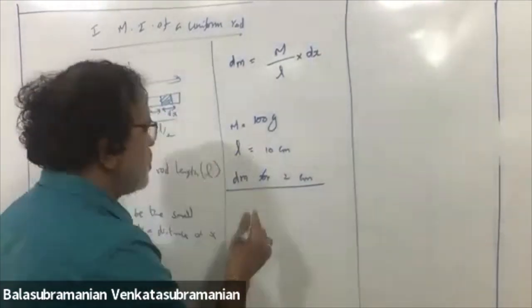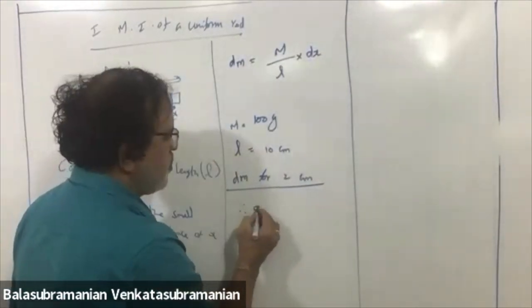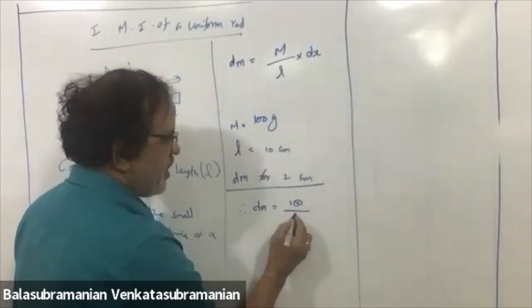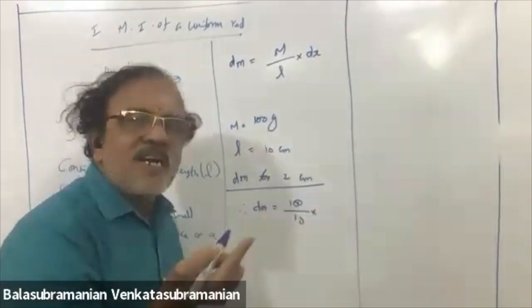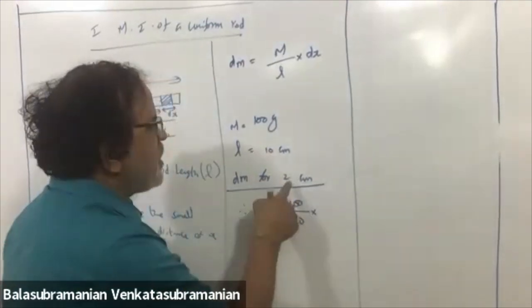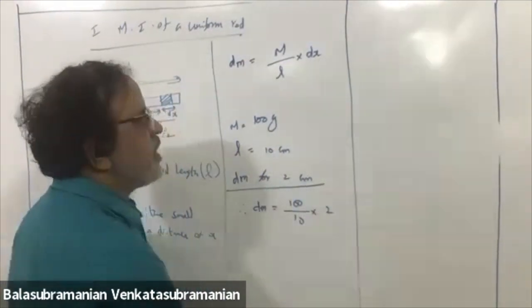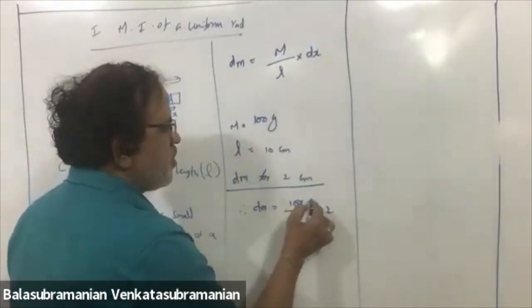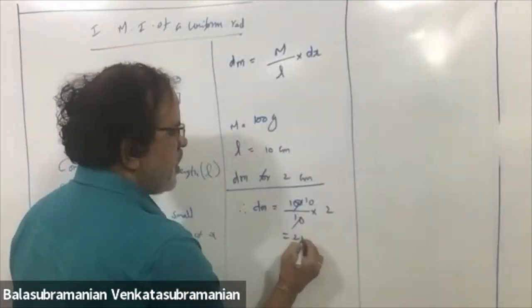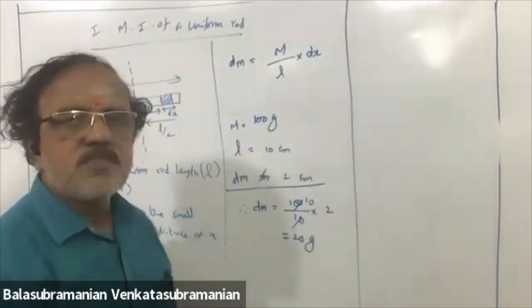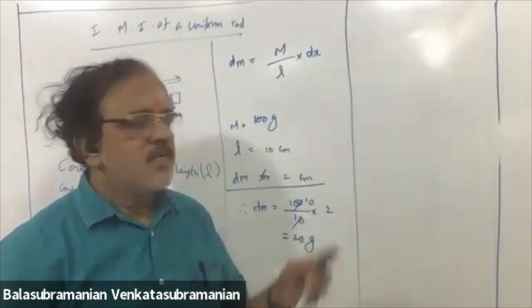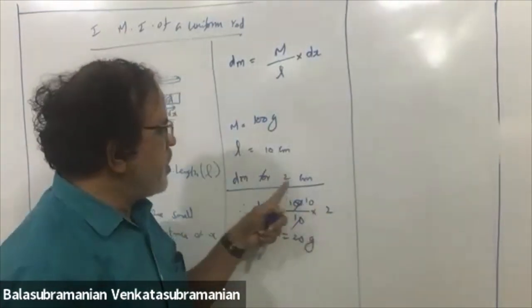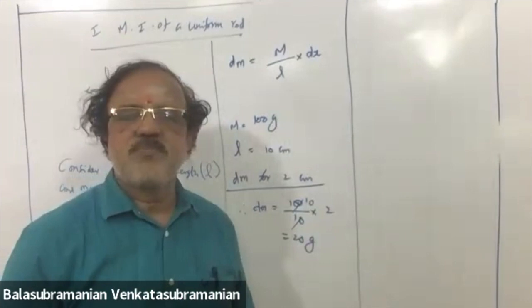So I can write dm is equal to 100 by 10 into the length you want, 2 centimeter, multiplied by 2. So it will be 20 grams.